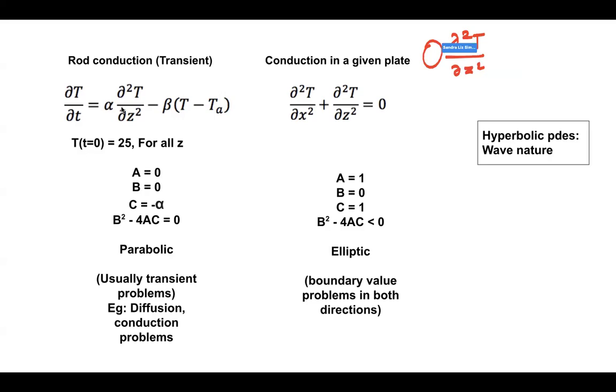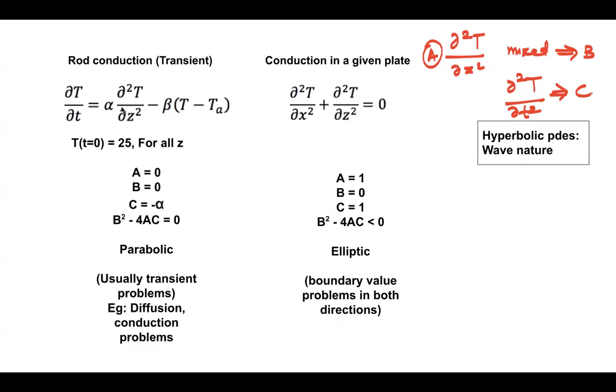Here you need a coefficient, so that coefficient will be A, the coefficient of the mixed term will be B, and the coefficient of the other term, probably ∂²T/∂t², will be C. Okay, here in our case, do we have any of these terms? Okay, so let's assume that, just a second.